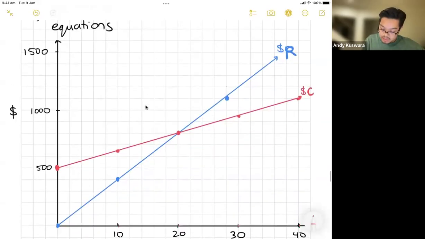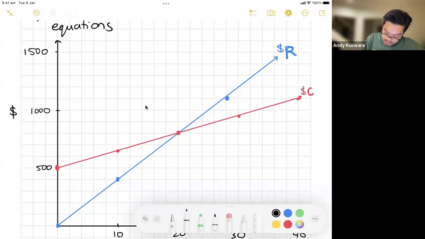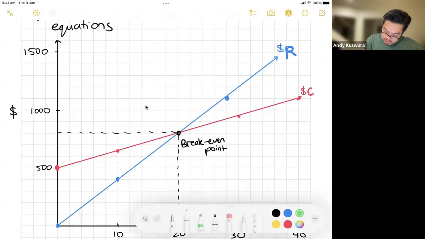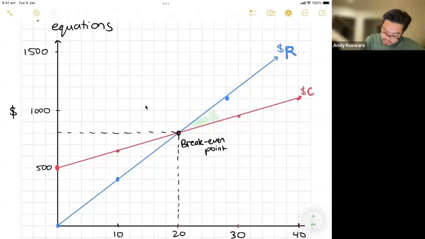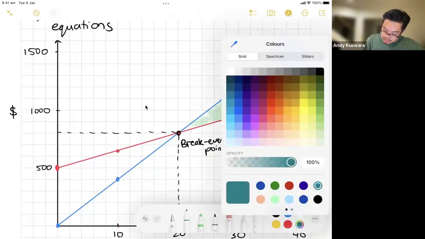And so now we've got this thing going on here. And this is where I need you guys to understand that this point here is what we call your break-even point. Okay, and it's always important to note where it meets up. And that there's your break-even point. Anything on this side here, I'm going to color in green, because this is anything above that break-even point.